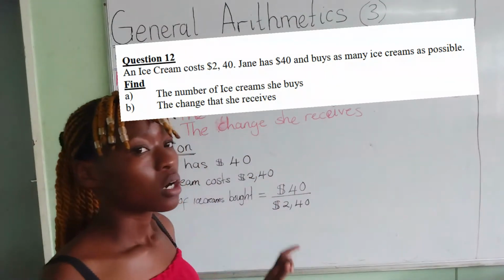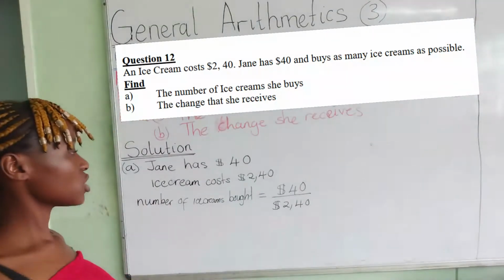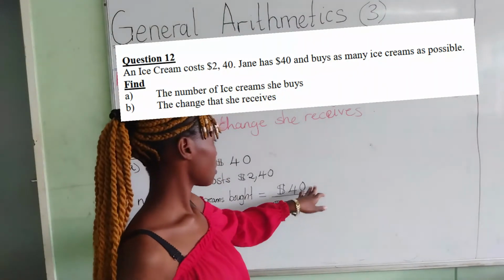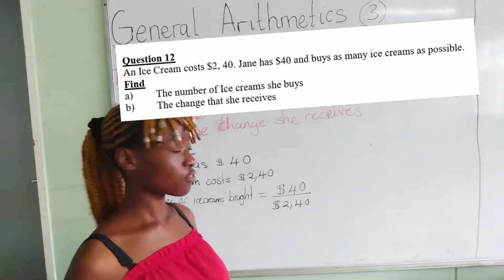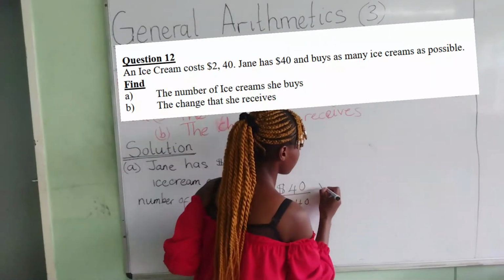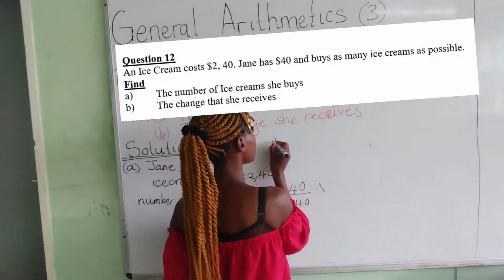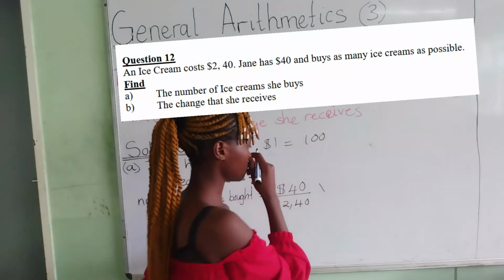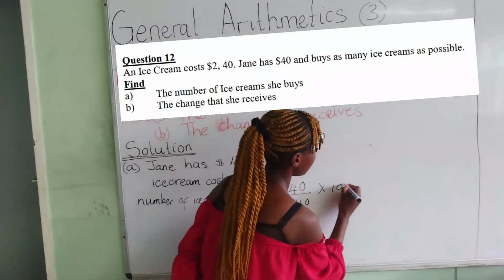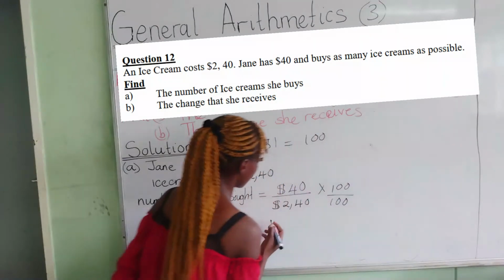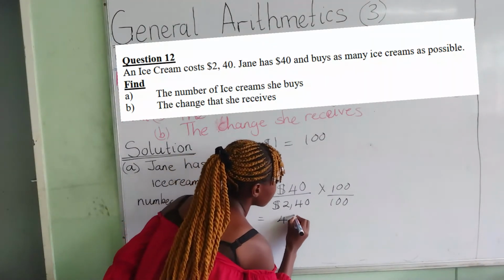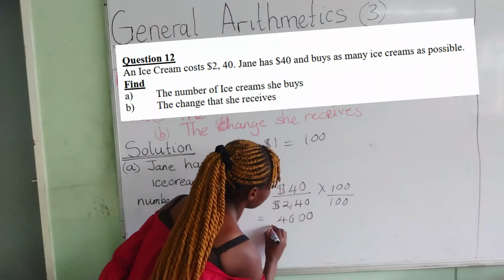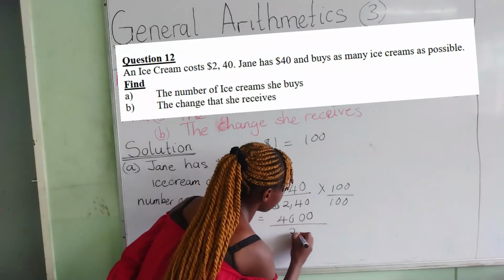Okay, so our situation doesn't change. We are going to multiply by 100 to convert our dollars to cents, as we know $1 is equal to 100 cents. So if you multiply by 100, you get 4,000 over 240.